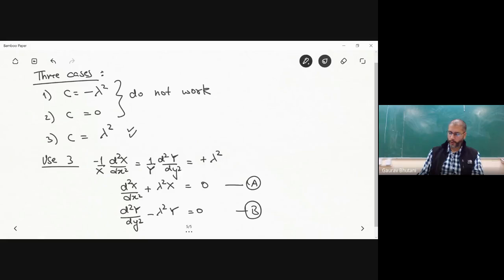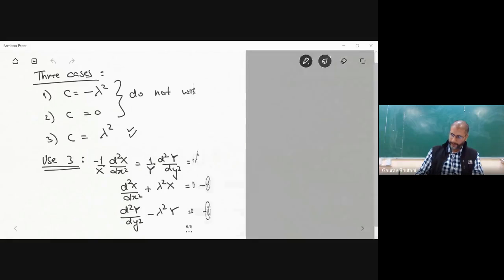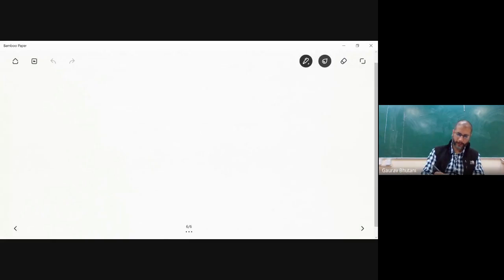It's fine. So we have two ODEs, and we are experts in solving ODEs, so our life has started to become easier now. Again, you may recall that to solve these kinds of homogeneous linear second order ODEs, we assume a solution of the type... So let's solve the first one, which is d2X by dx squared plus lambda squared X equal to 0.